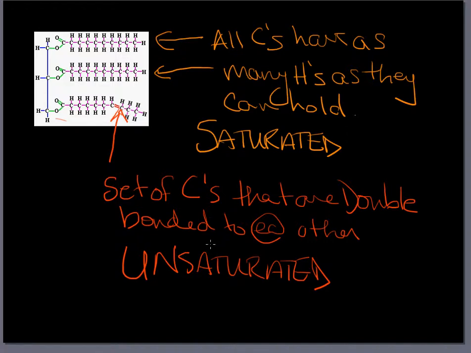So when you hear somebody talk about a saturated fat, that would mean all three of those chains would have to be single bonded and carrying as much hydrogens as possible. As soon as one chain becomes double bonded between two carbons, then you now have an unsaturated fat. All it takes is one set of carbons.